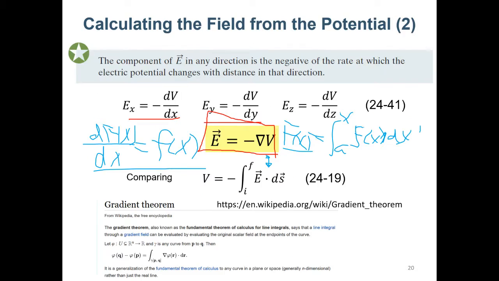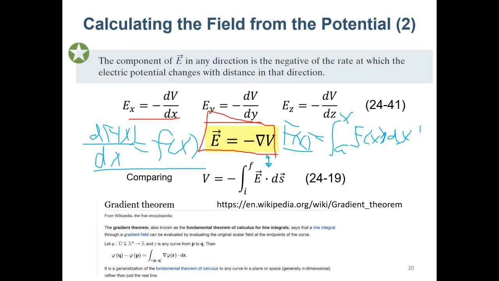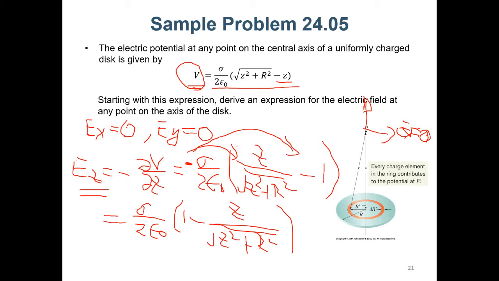In these slides we can derive V like this using these steps, and we can use this equation to find E. So we don't really need to do the integration we did in chapter 22, calculating the E generated by every small ring and then integrating them together. This is supposed to be a simpler method.